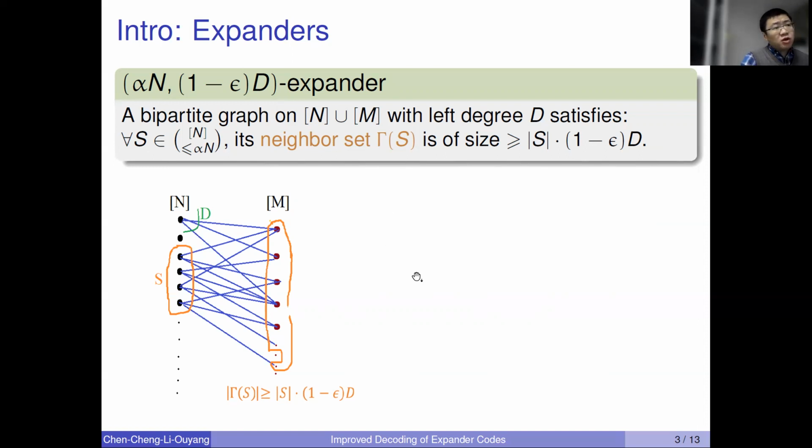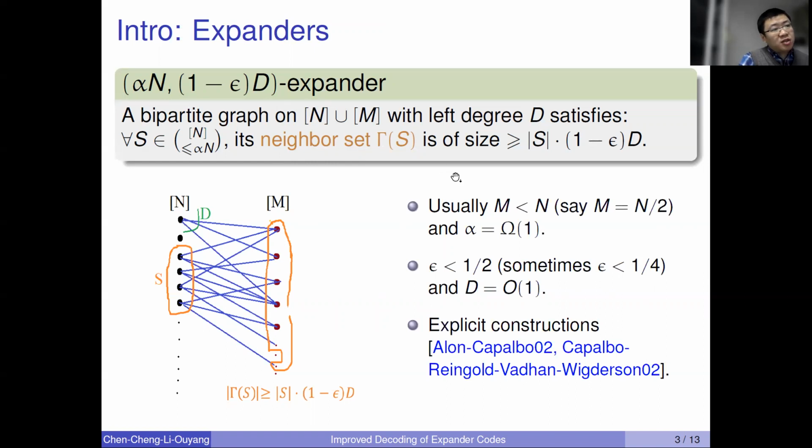A few more remarks about the parameters. Usually we think m is a constant less than 1 times n, say m is half of n in this talk, and alpha is also a constant. For the parameter epsilon in the expansion, epsilon is at most half in this talk, and some results require epsilon to be less than 1.